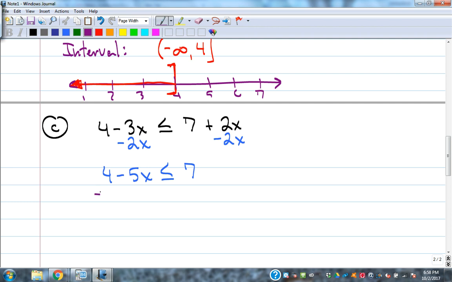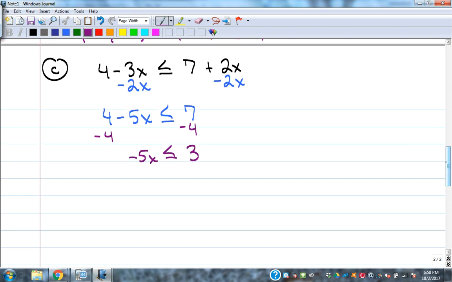Subtract it because it's a positive 4. So that's negative 5x less than or equal to 3. And then one more step. Divide by the negative 5. And when I divide by a negative, flip the symbol, negative 3/5.